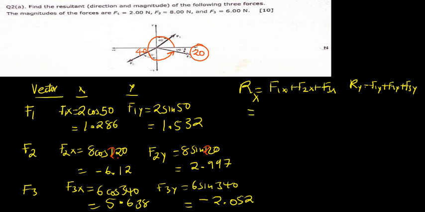So just add these: 1.286 plus negative 6.12 and then plus 5.638 gives 0.804.